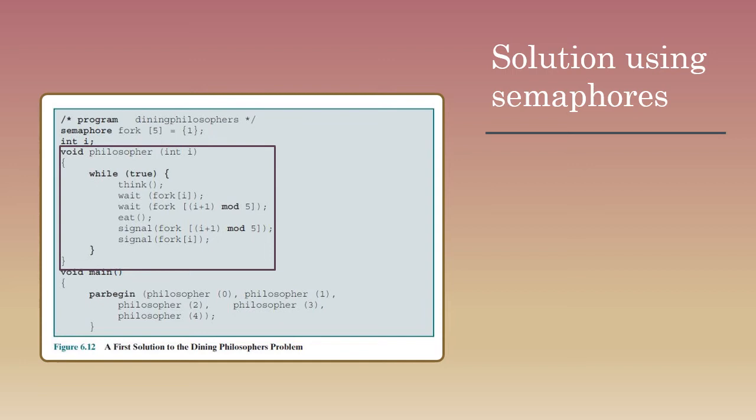The philosopher mostly thinks. Then it does a wait for fork I. And if it can get this fork, then it moves to the second line of code where it does a wait for fork I plus 1 mod 5. This is the fork on the other side of the philosopher.